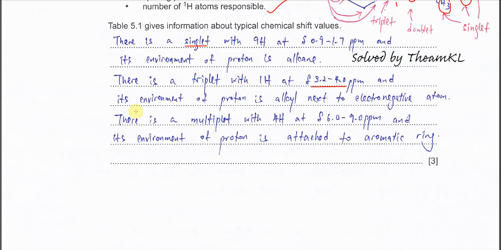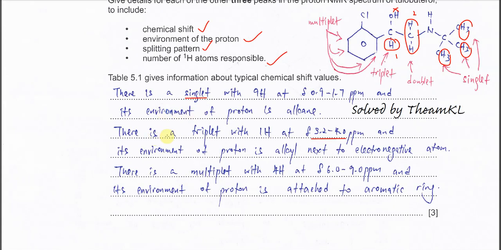Therefore, this is the answer for the second signal. Again, there is a triplet with 1H at 3.2 to 4 ppm, and the environment of proton is alkyl next to an electronegative atom.